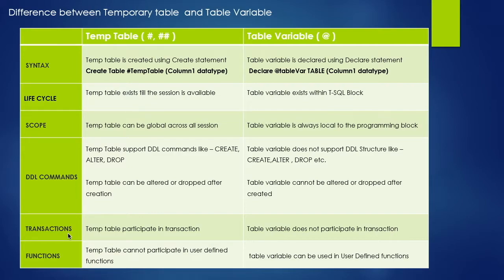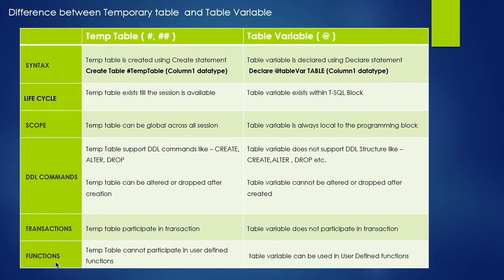Within a transaction we can have any number of SQL statements, but once all the statements within the transaction are committed or rolled back, we say the transaction is completed. So a temporary table respects transactions, but a table variable does not. We will discuss this in the practical.